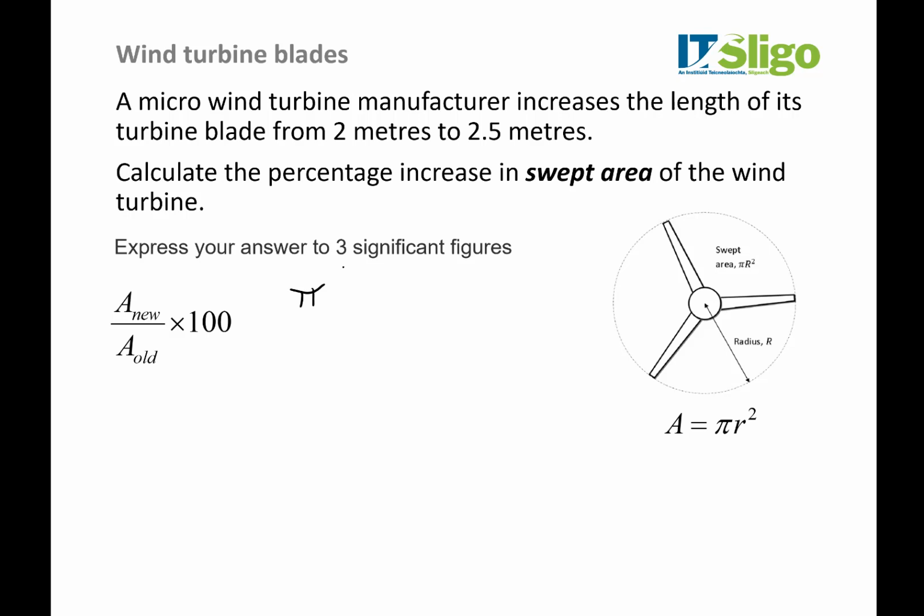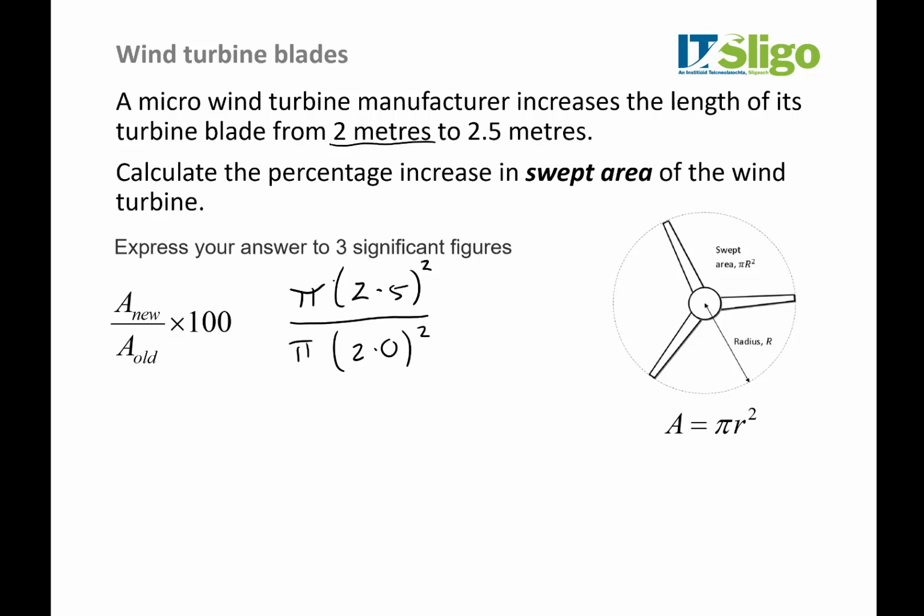So it's going to be pi. Now the blade length is the radius. So new over old, so it's 2.5 squared over the old, which is 2.0 to be squared.